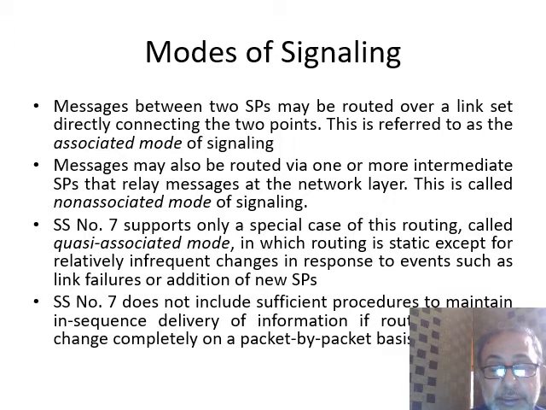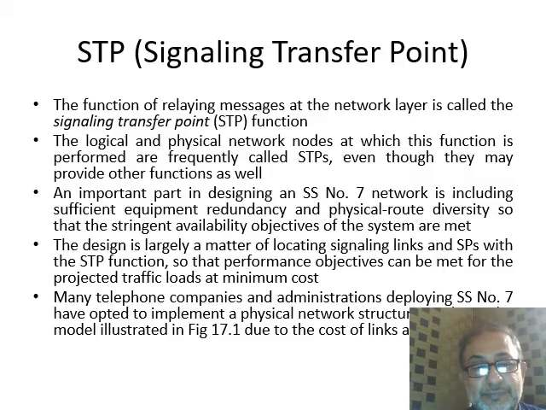In that protocol, we have a sequencing system also, using the sequence number of the packets. It does not happen in this signaling system number 7. There is no sequence number system in this.